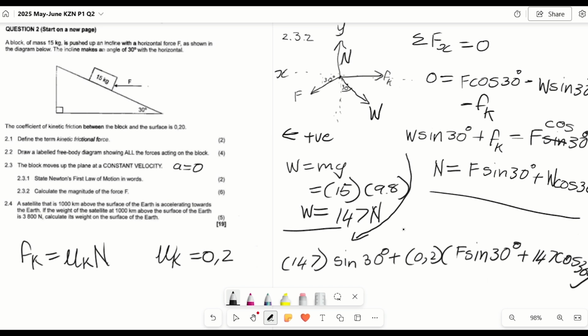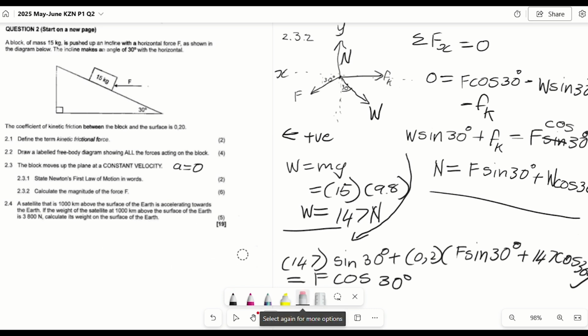And then what are we still left with? Equals F cos 30. So F cos 30, that's what we'll need to solve. So let me erase everything and let's try to solve that equation.